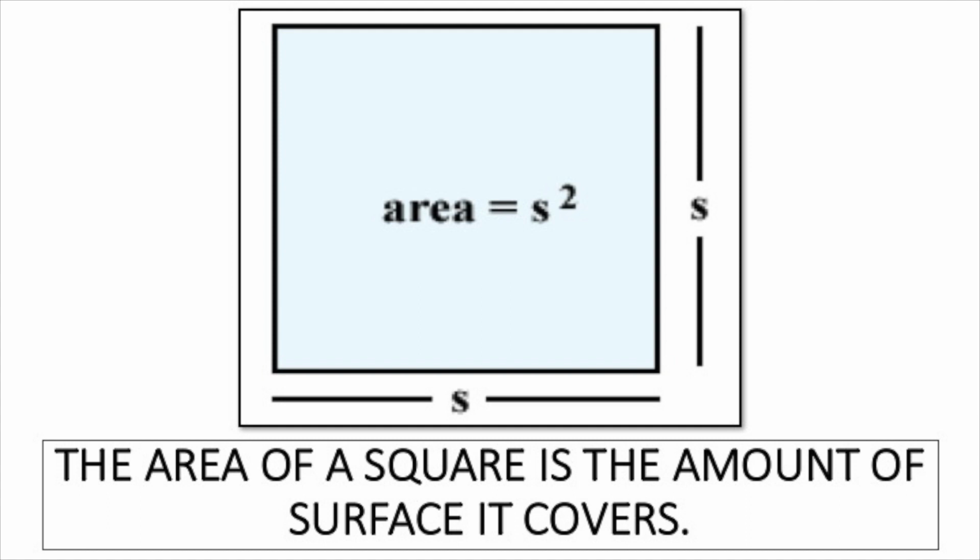The area of a square is the amount of surface it covers. Same as a rectangle. The area is always the total surface of the shape. And as I said earlier, we always use the number 2 to represent the unit of measurement, because this means squared. Whenever the measurement involves area, it's always squared.